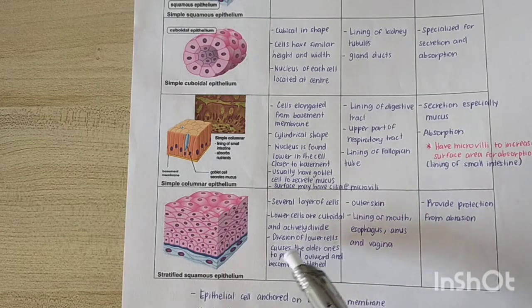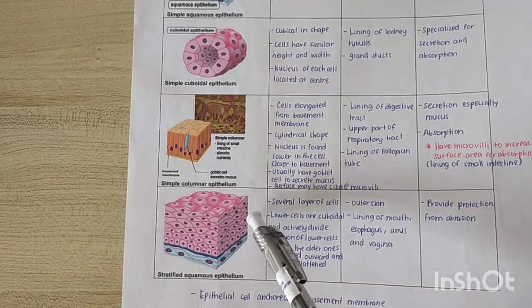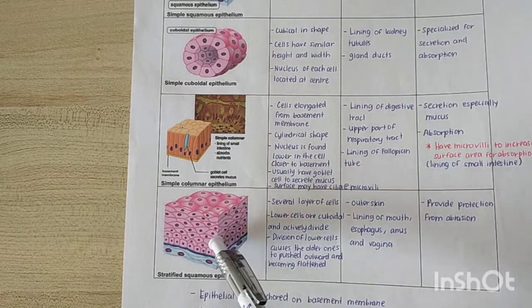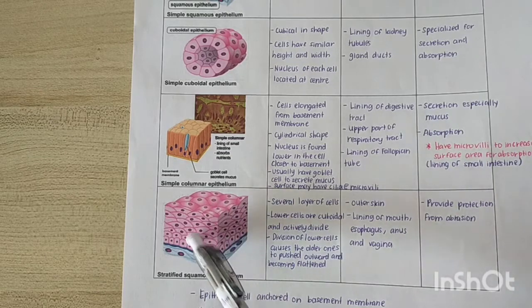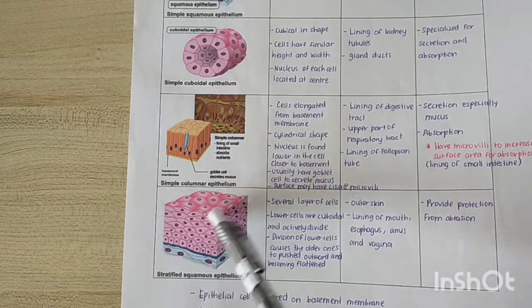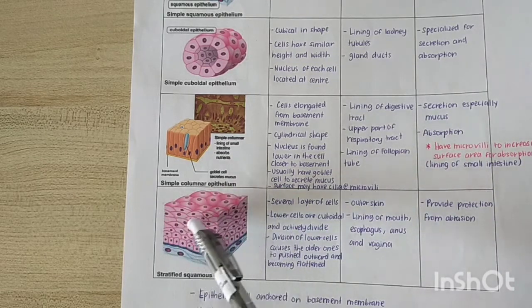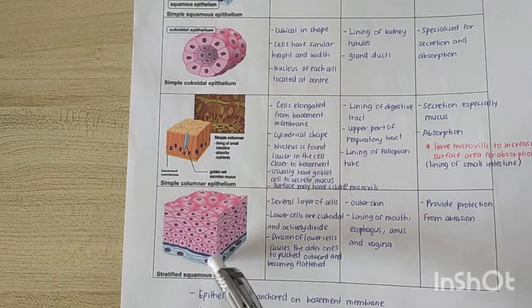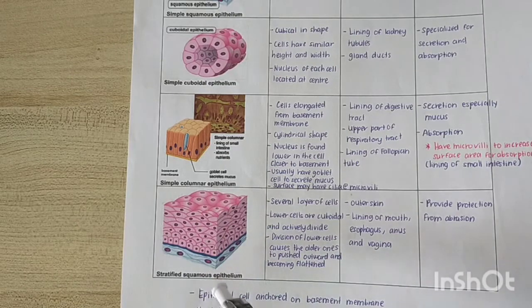Okay, so what happened? Division of the lower cells will cause the older ones to push outward and become flattened. So bila sahaja the lower cell divides, dia akan menyebabkan the older cells to push upward. Okay, so what happened to the upper part of the cell here? Dia akan membentuk flattened cell. So that's why sebab tu kita panggil dia sebagai squamous shape.